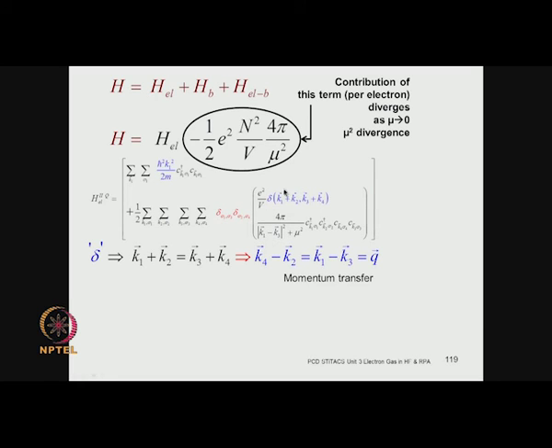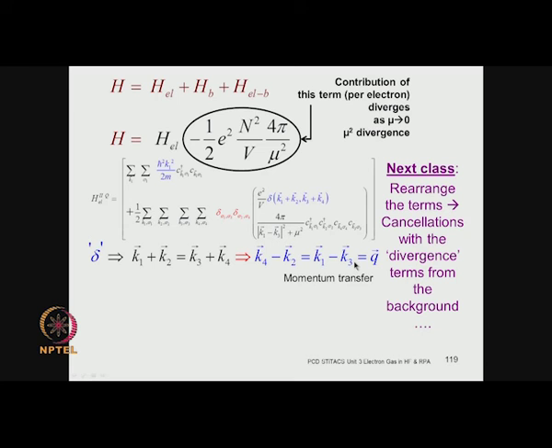And the Kronecker delta over here tells us that k1 plus k2 must be equal to k3 plus k4, which is a statement of momentum transfer, that k4 minus k2 must be exactly equal to k1 minus k3, and these two momenta differences must be exactly equal.